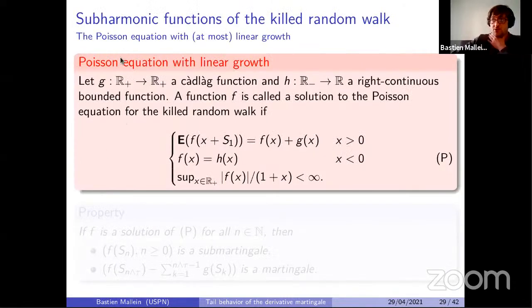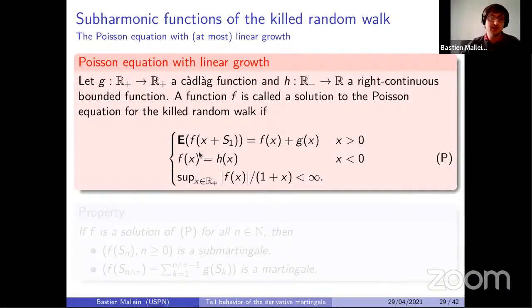So, okay, I'm looking at a problem like this, right? My function d satisfies a problem like this. So I know that I have a function g that is non-negative and a function h that is bounded, so that my function d satisfies the expectation of d of x plus s1 is equal to d of x plus some positive quantity, right?